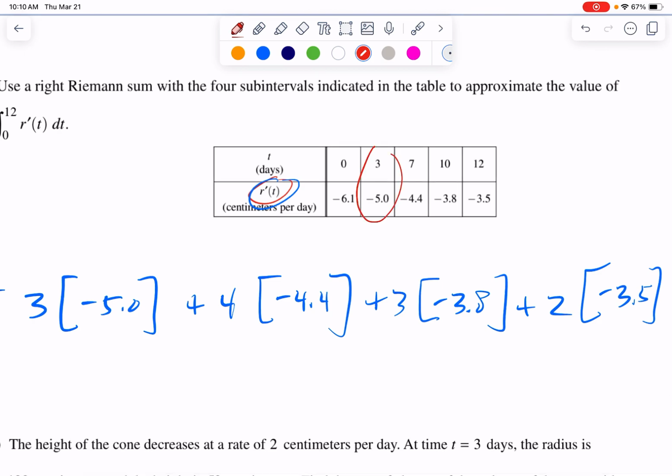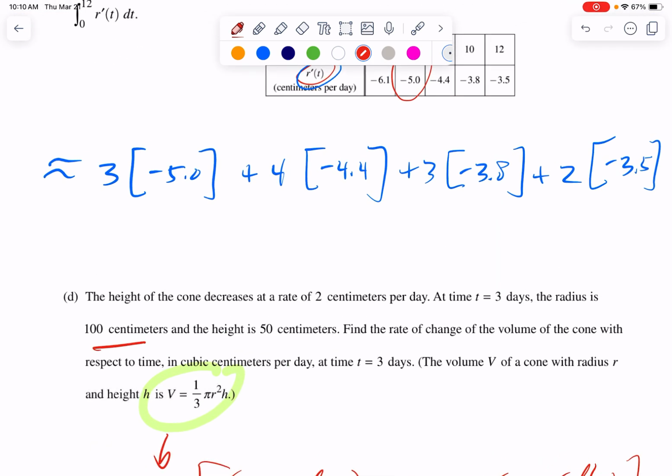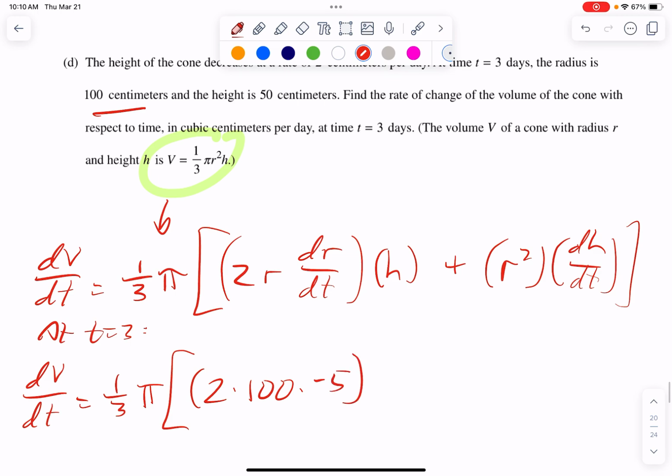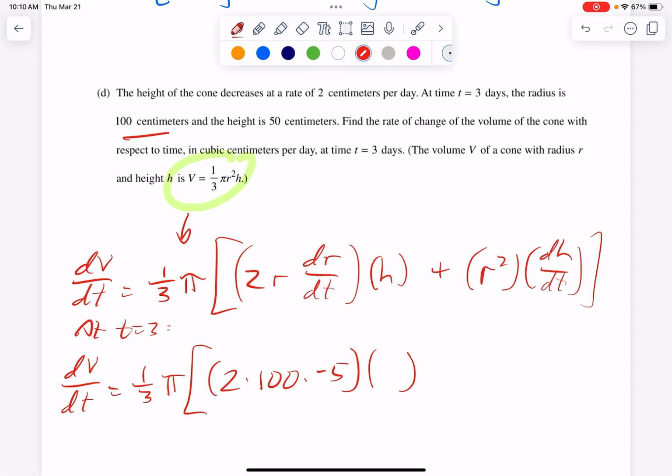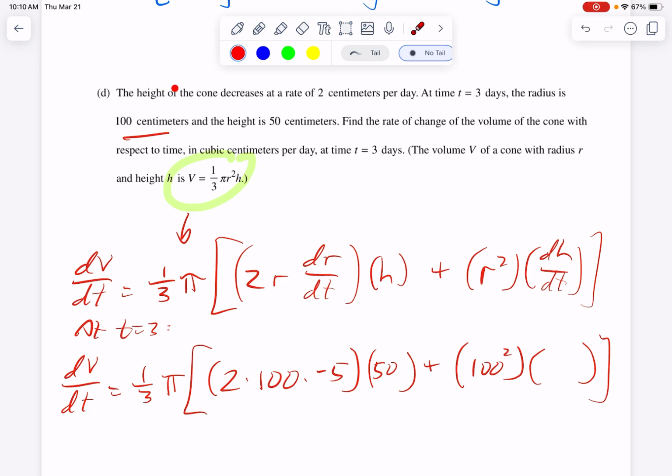That's what we actually have in this table, so that is -5. The height is 50 centimeters. R squared would be 100 squared. dh dt is the rate at which the height is changing, and it is decreasing at 2 centimeters per day.